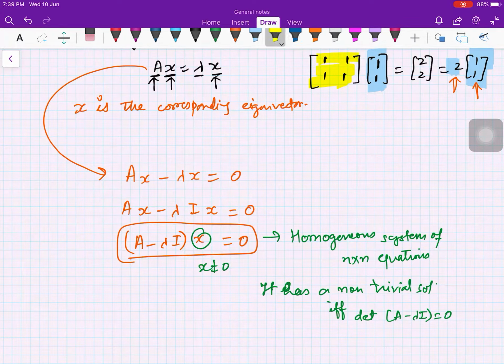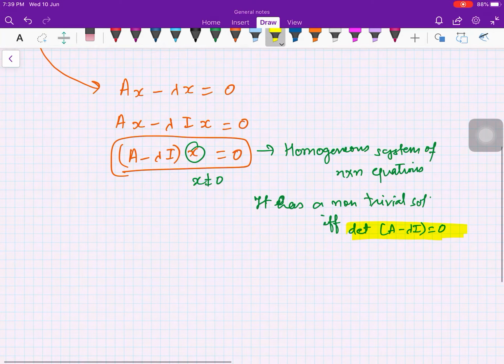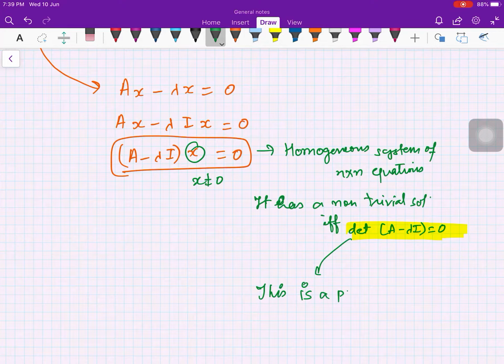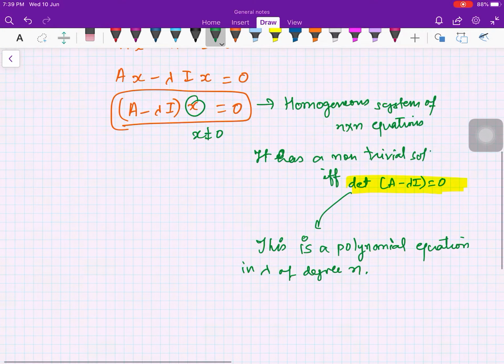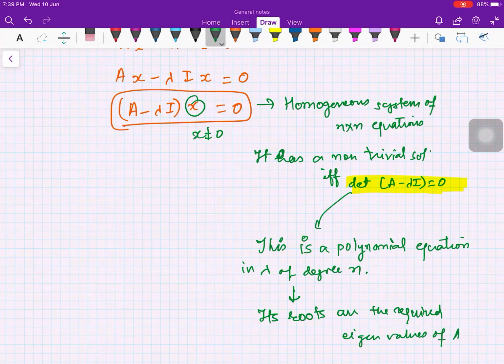Since the determinant of a matrix gives a polynomial, this is a polynomial equation in lambda of degree n, and its roots are the required eigenvalues of the matrix A. This is how we find the eigenvalues of a given matrix.